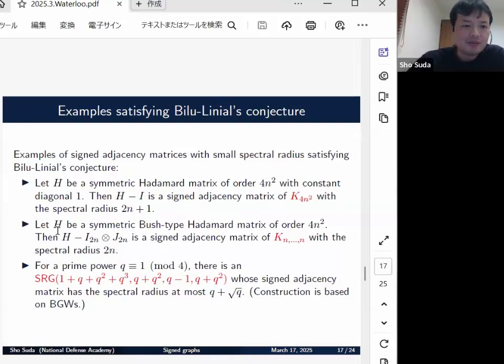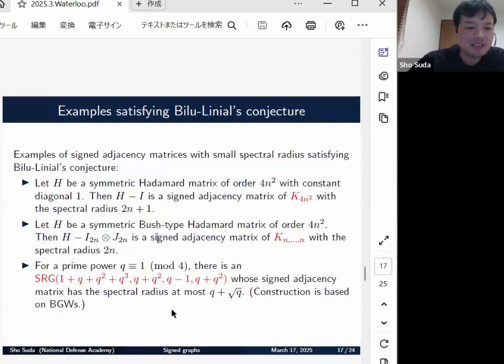From this matrix, if we consider the H minus I tensor J matrix, this can be a signing for complete multipartite graphs with spectral radius 2n, and although I didn't show you the exact calculation, this satisfies their conjecture.